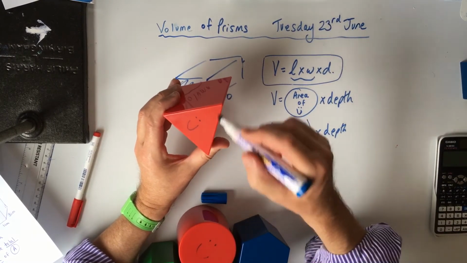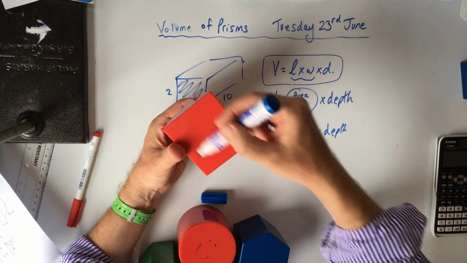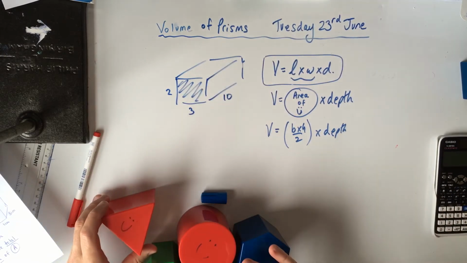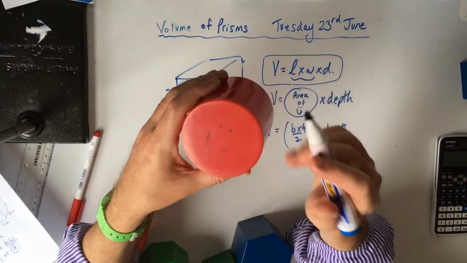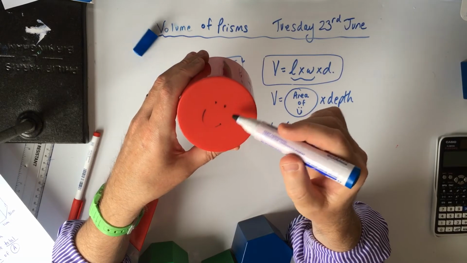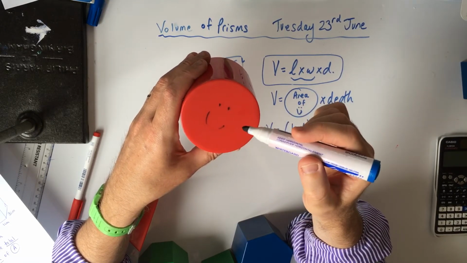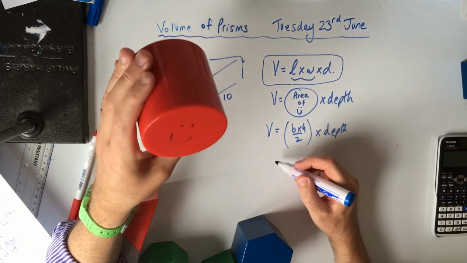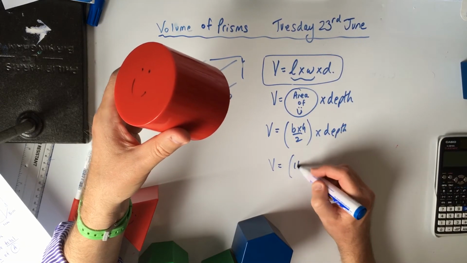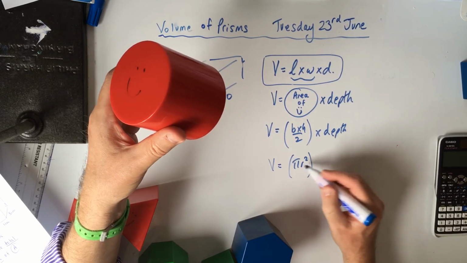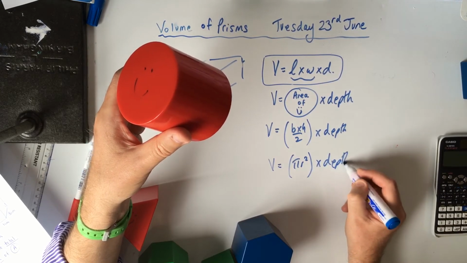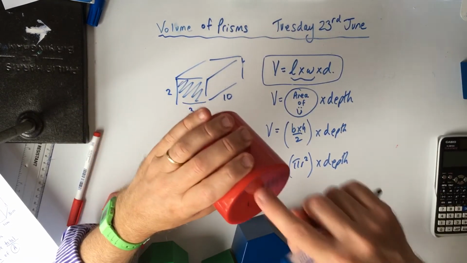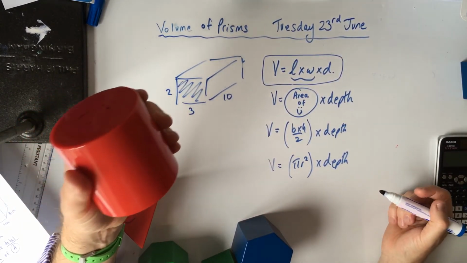For this one we would do pi r squared to find the area of that circle, and then if we times it by the depth, the volume of that would be pi r squared, the area of the front face, times the depth. That gives us the volume, how much water that would hold, if we drilled a little hole and filled it full of water. That's what volume is.